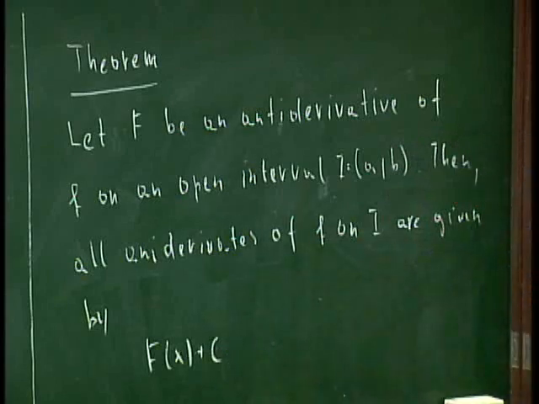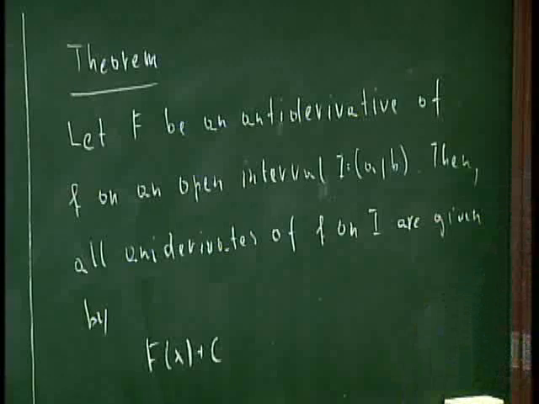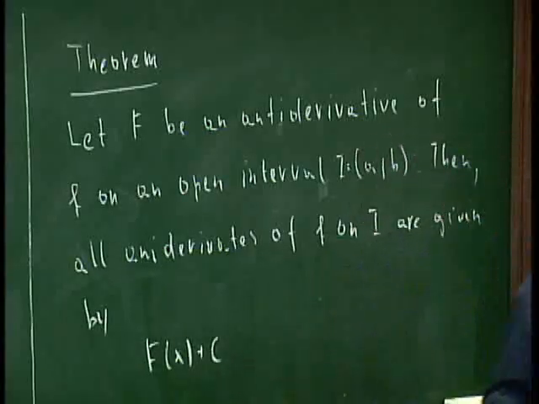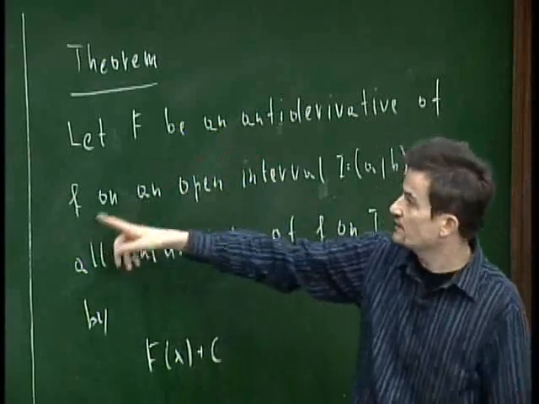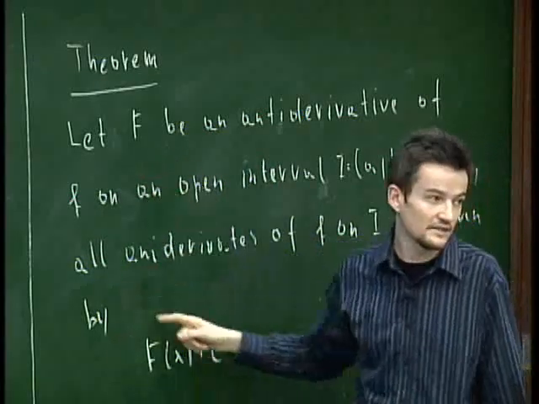Even this result is not completely trivial. Just to remind you, we used the mean value theorem in order to prove this result. But this tells you that if you have already found one antiderivative, then you can find all of them.